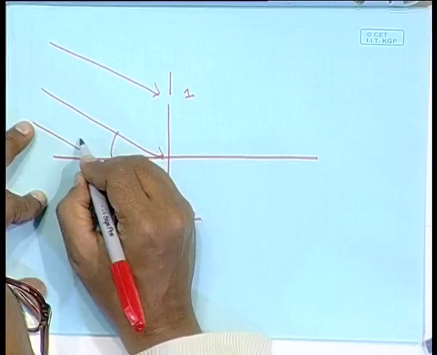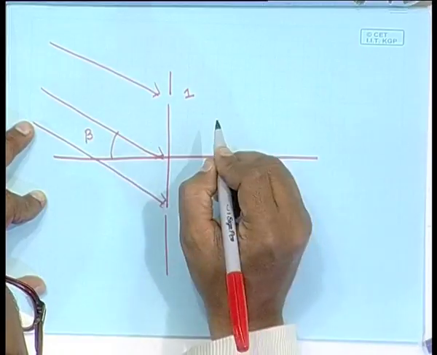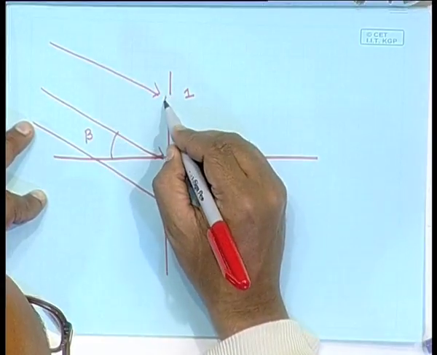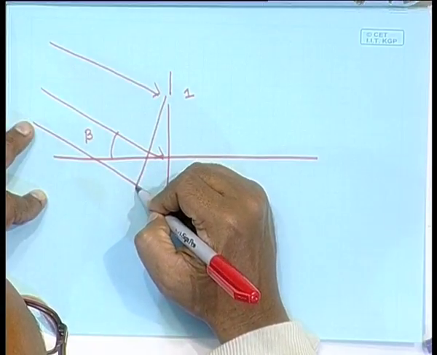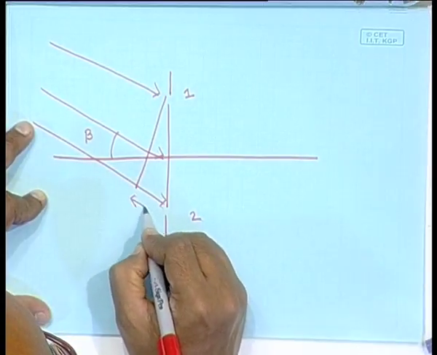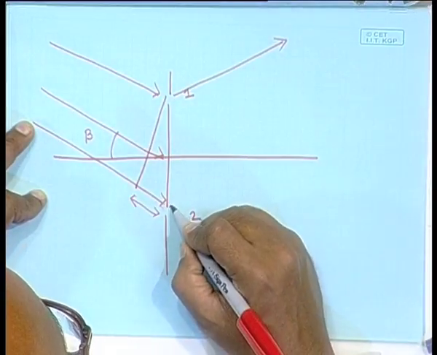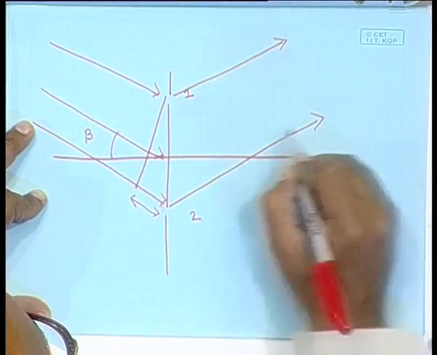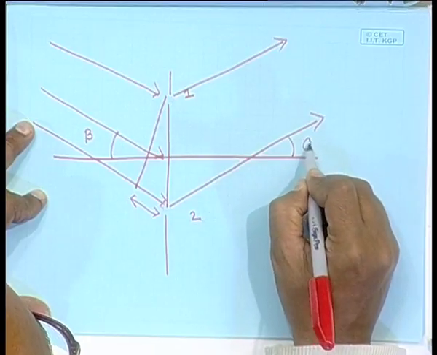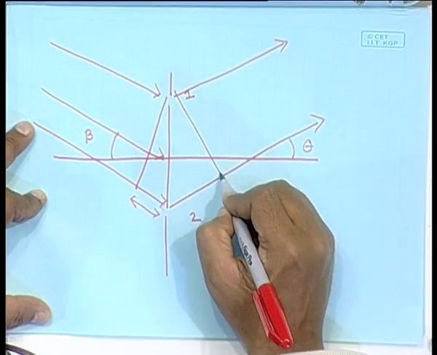And the wave arrives at an angle beta. So, there is a path difference over here, and the wave goes out at an angle theta, and there is a path difference over here.